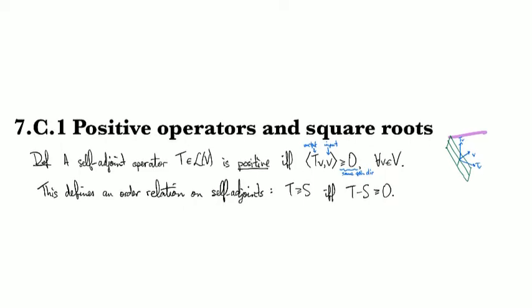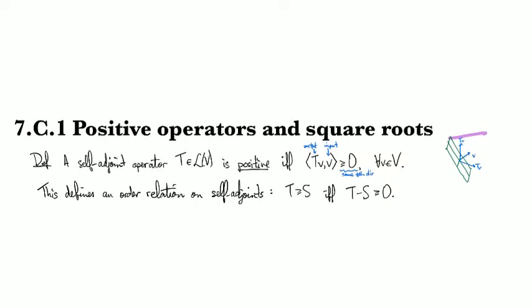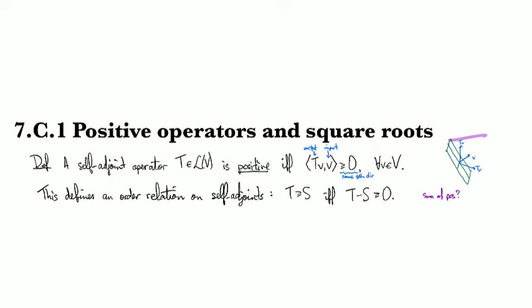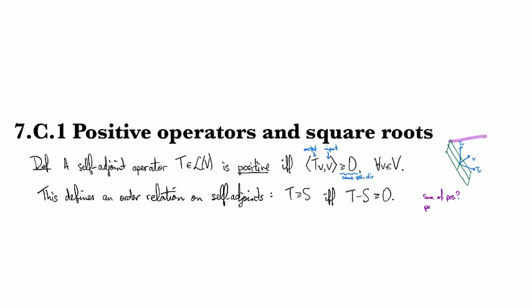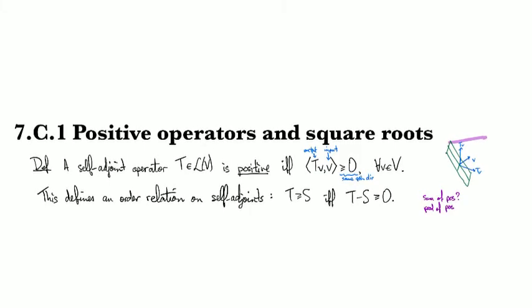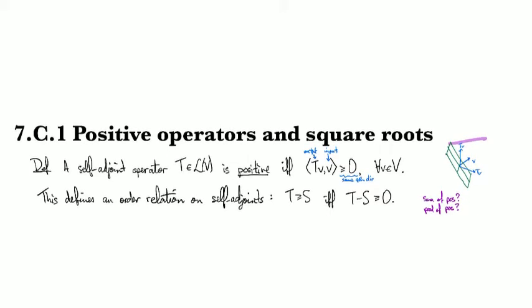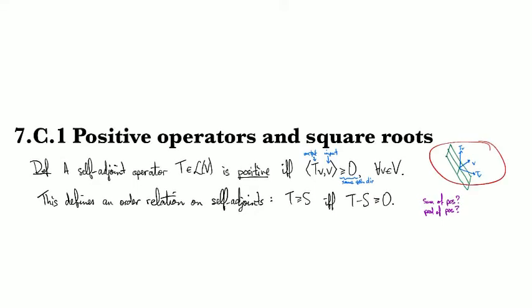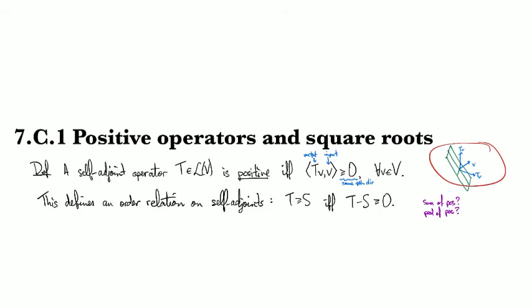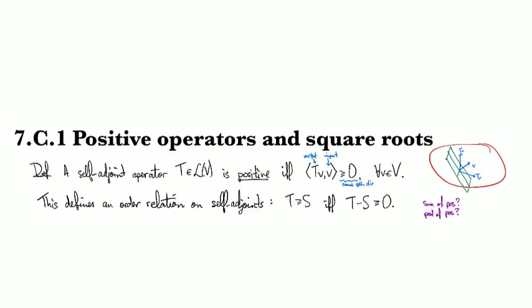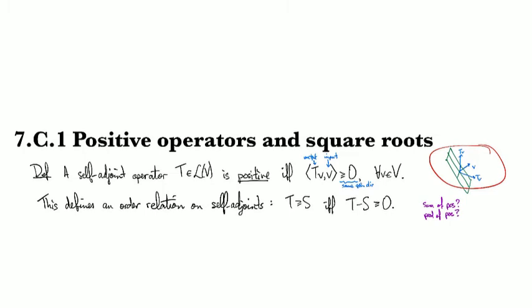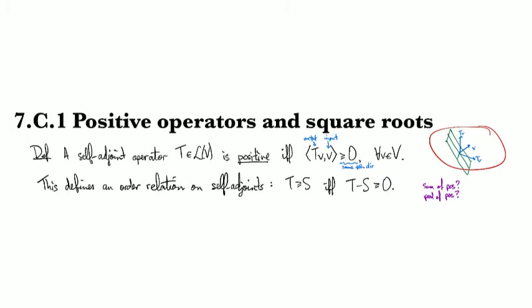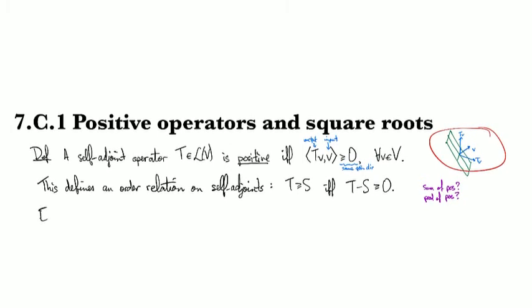Then you can ask yourself questions like, what about a sum of positive operators? Is it going to be positive? What about the product of positive operators? Is it going to be positive? Looking at this picture will give you intuition, and then from that you should be able to prove your hypotheses using the algebraic formulation of positivity.